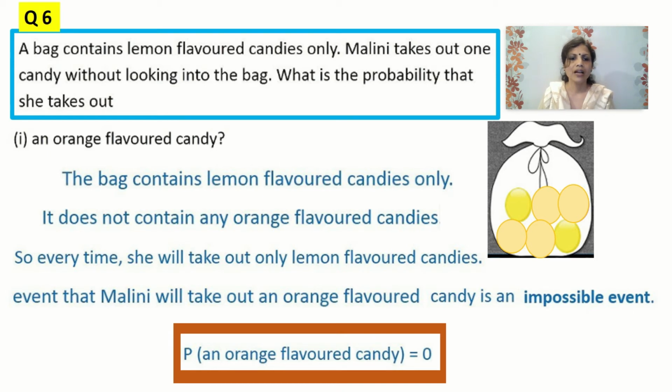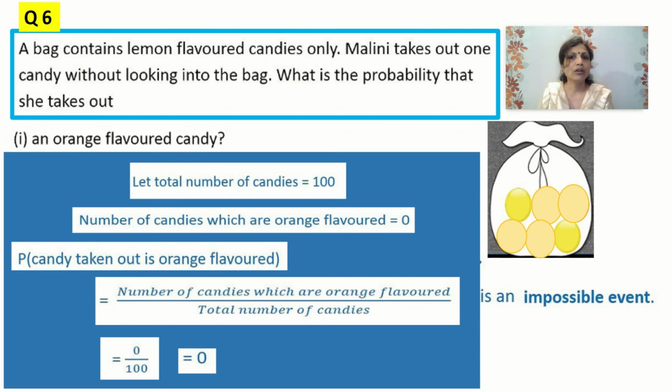Alright, you can solve this example by another method also. Now you are not given how many candies are there in the bag. So let the number of candies in the bag be 100. Then the number of candies which are orange flavored will be 0 because there are no orange colored candies in the bag.